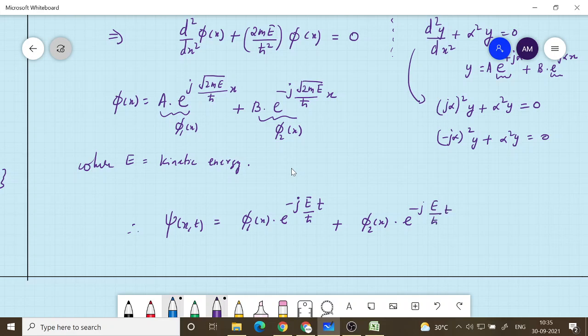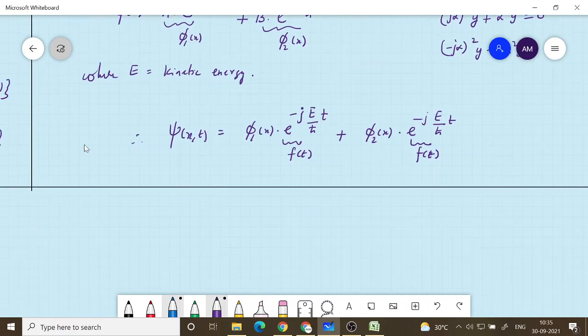What did I do? Phi of x I just multiplied with f of t. So this is basically my f of t. You can think of this entire thing multiplied with f of t. That way I can write psi of x, t.